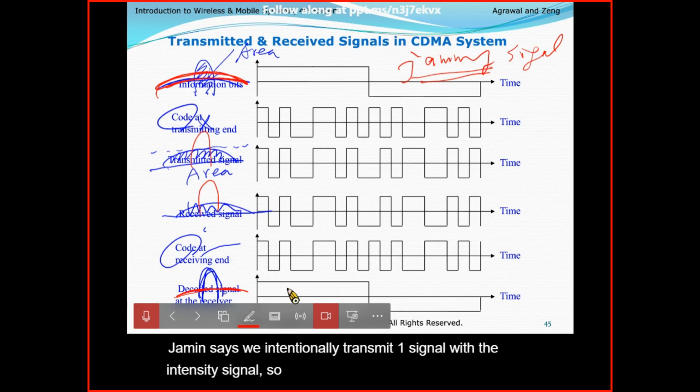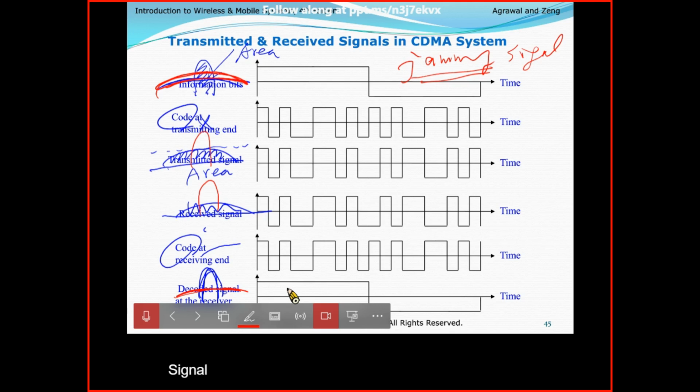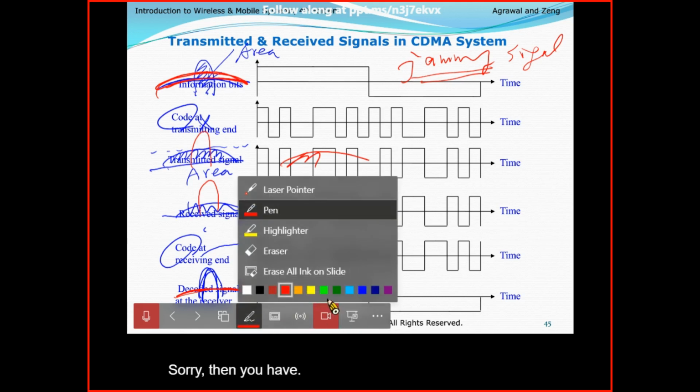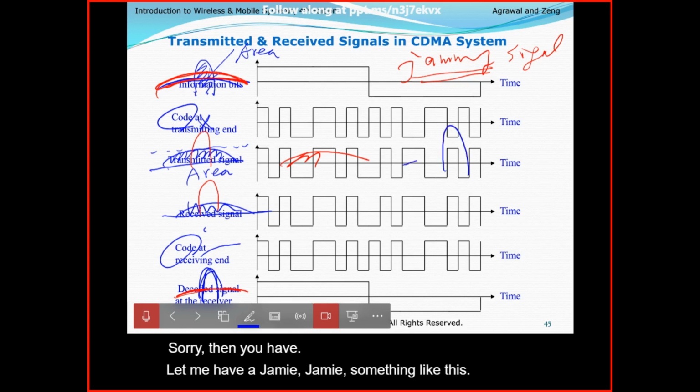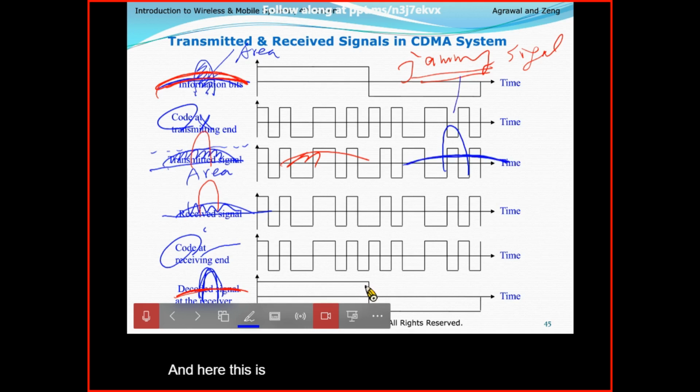Jamming is actually like bombing. Jamming signal, so here, something like we have a jamming. Here, this is the original signal, and the jamming signal is like this.